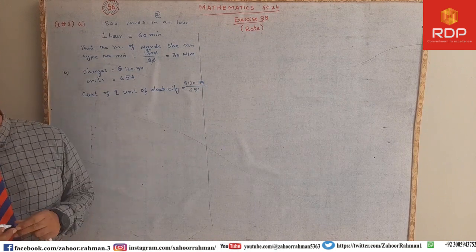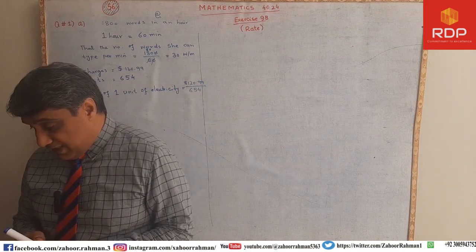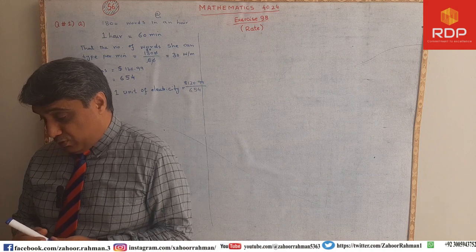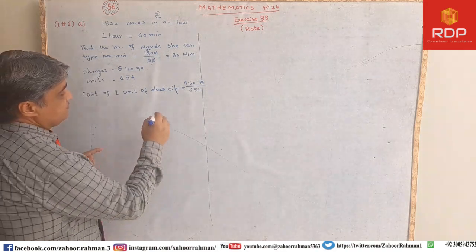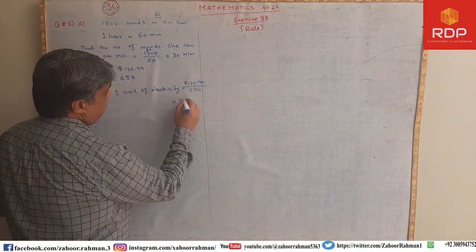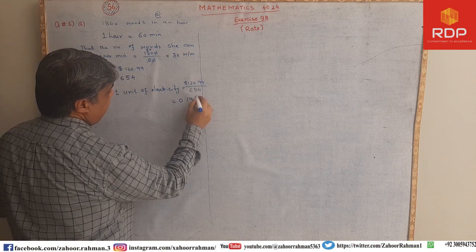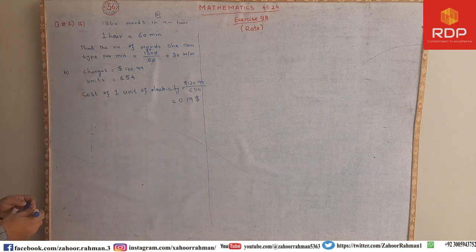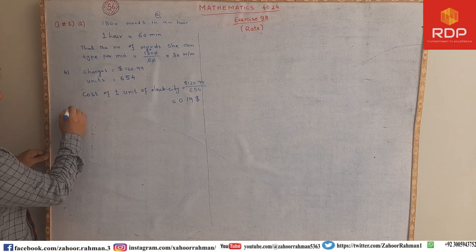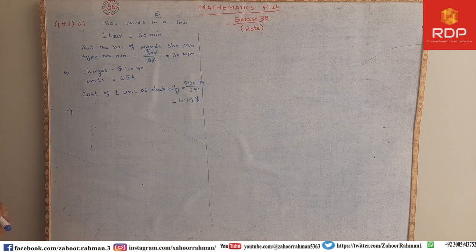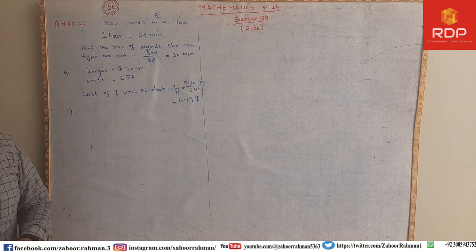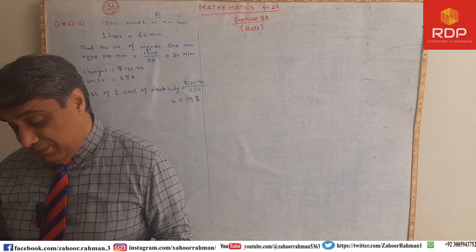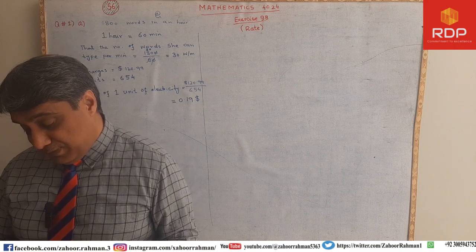That is, the rate is $0.19. This electricity company is providing electricity to households at the rate of $0.19.